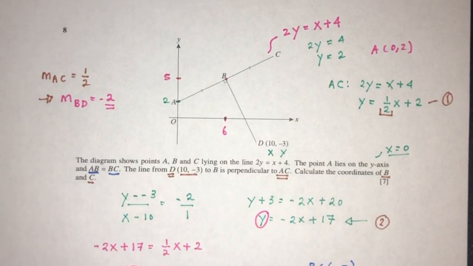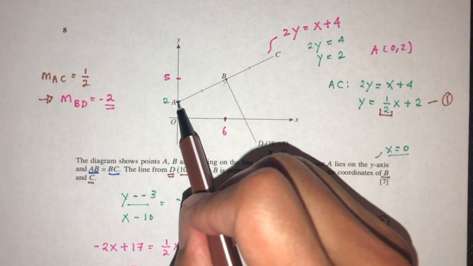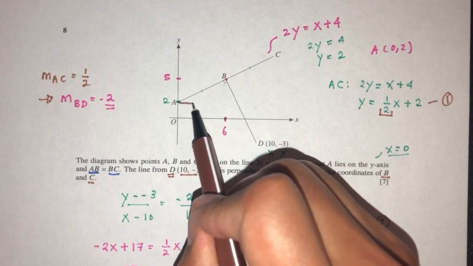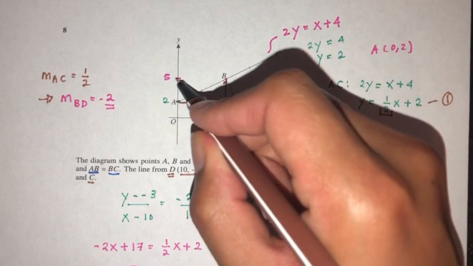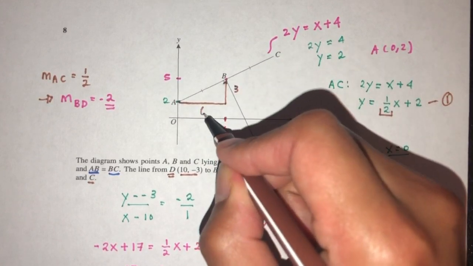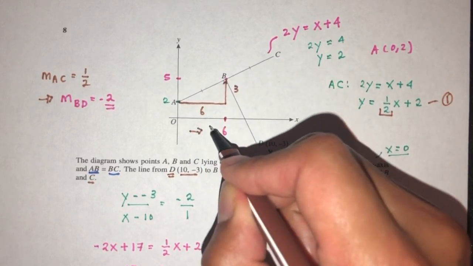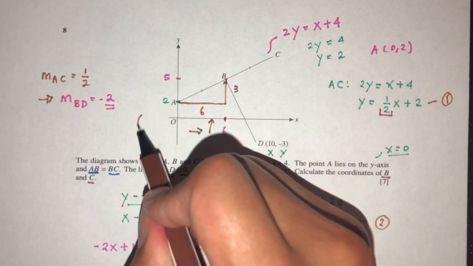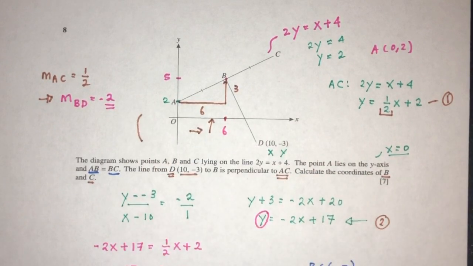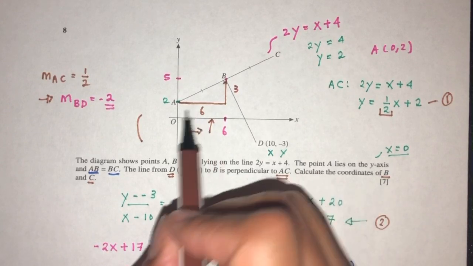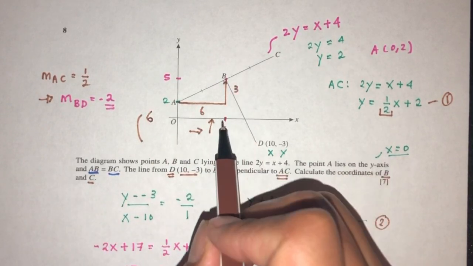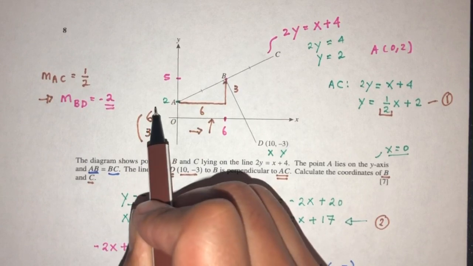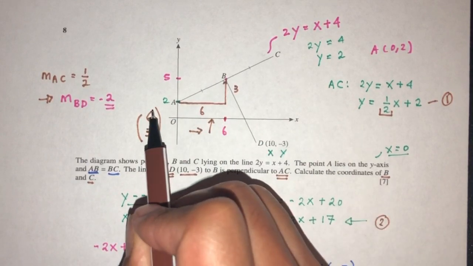From A, if you want to go to B, you have to move 6 here, and then from 2, that will be up by 3. So 6 in this direction and up by 3. Always the way we describe vectors is first horizontally, so 6 in the positive direction and going up by 3. So from A to B we have to move (6, 3).